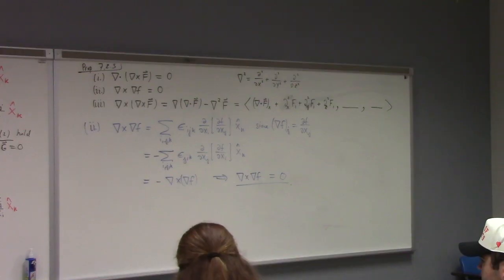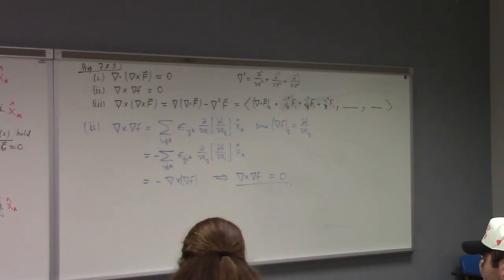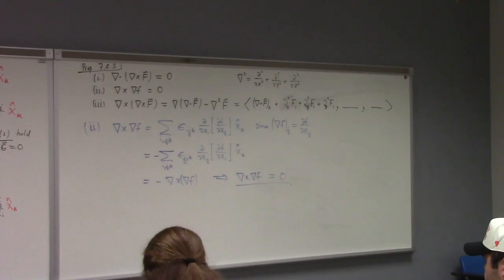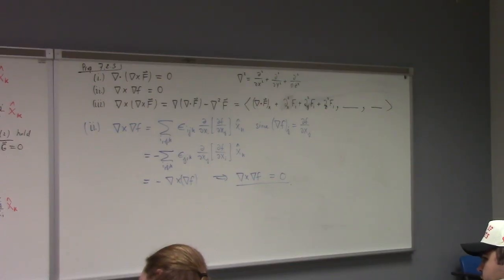And let's ask the question, can it be written as the gradient of another function? All right, let's think about this. Let me make up one. All right, so example 2, I guess.